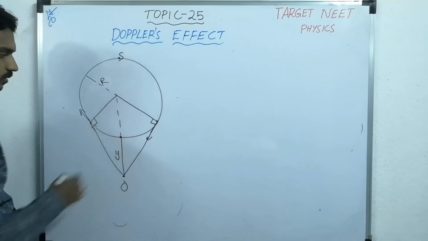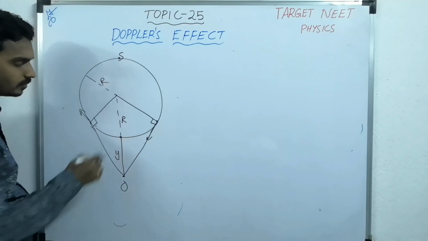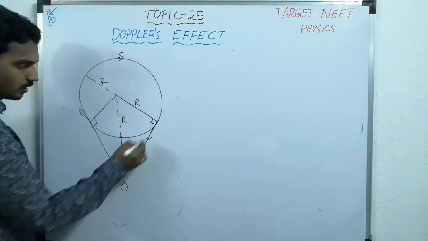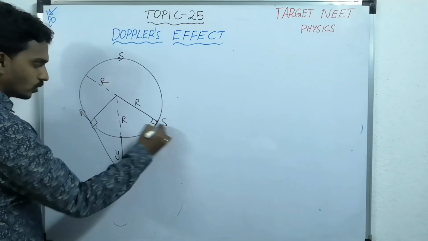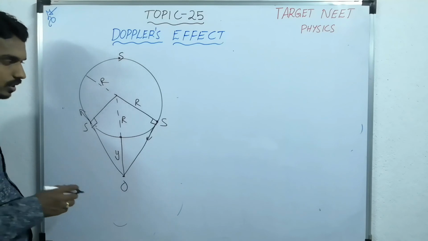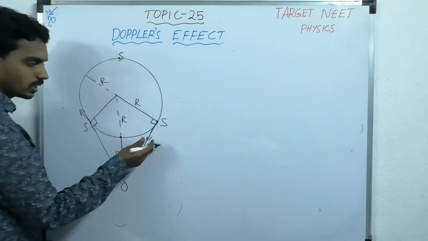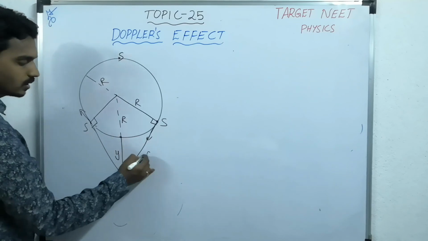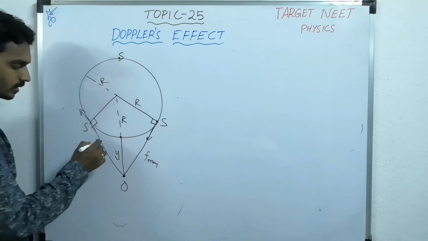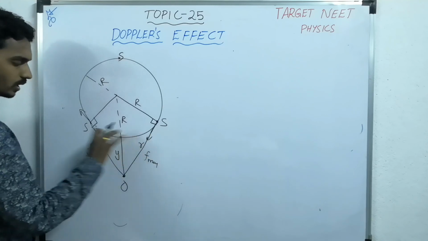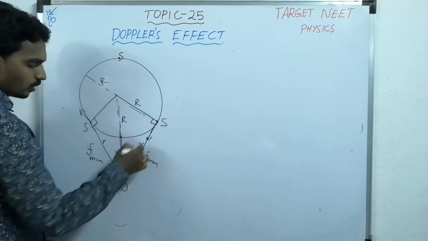Now here this is R. Now this is R. So the distance between source and observer, when the apparent frequency received by the observer is either maximum or minimum. This is the maximum case, this is the minimum case. Let's take this distance as r, both are equal. Then if you take this triangle, what kind of triangle?